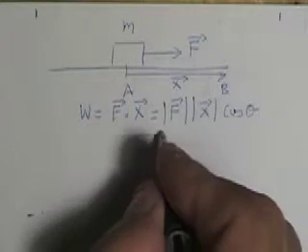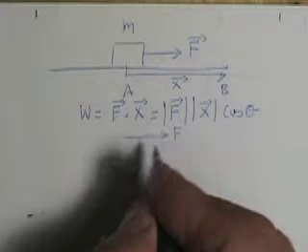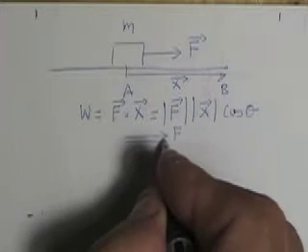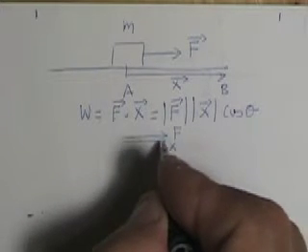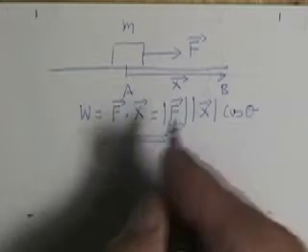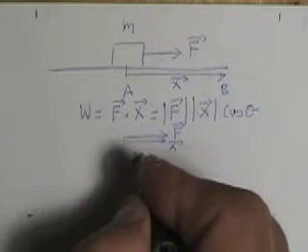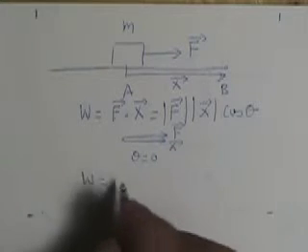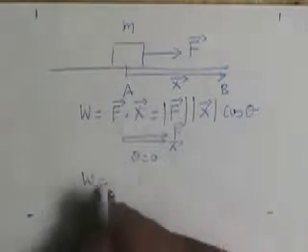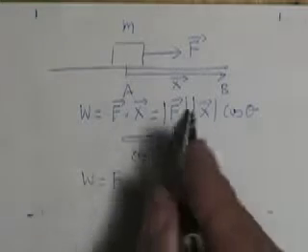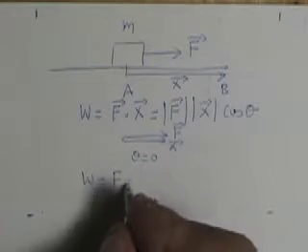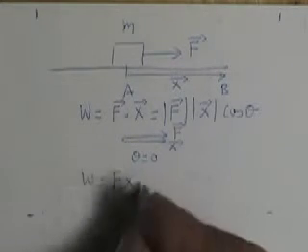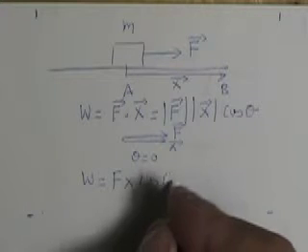You can see that F is pointing to the right and x is also parallel and pointing to the right, so the angle between them is 0. So the work is equal to the magnitude of F times the magnitude of x, which we just call x, times cosine 0.